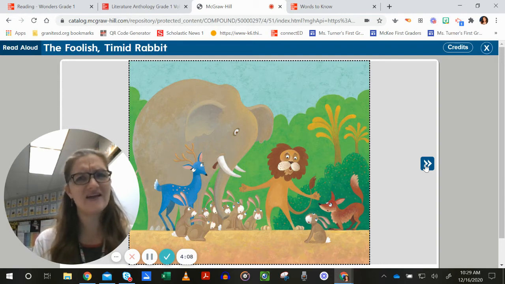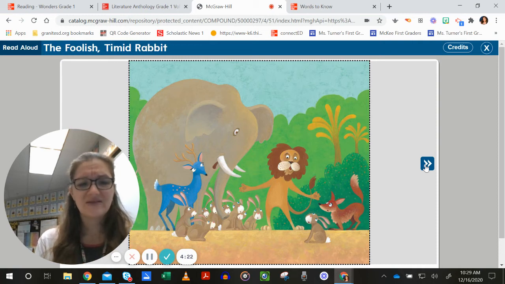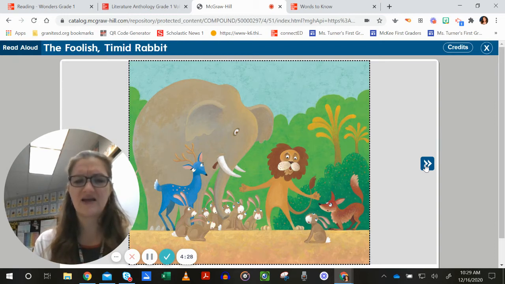He decided to find out why they were running. The lion roared 3 times. The animals stopped in their tracks. "Why are you all running so fast?" the lion asked. The animals told him, "The earth is breaking up." "But who saw the earth breaking up?" the lion asked the animals.